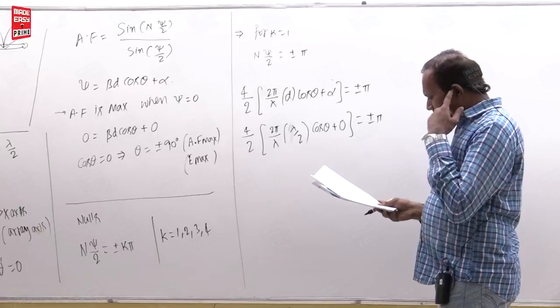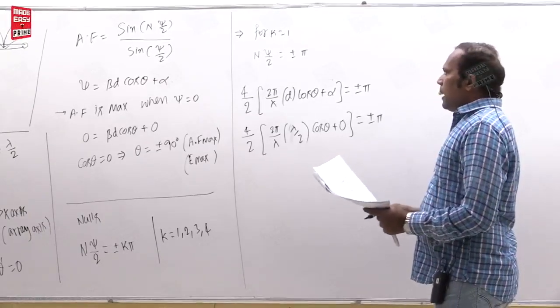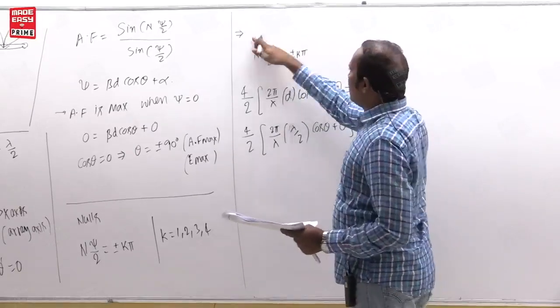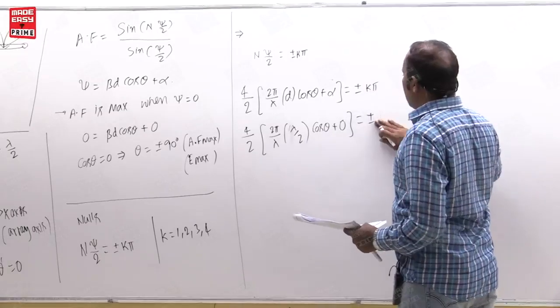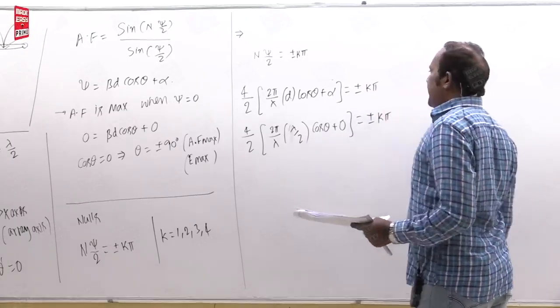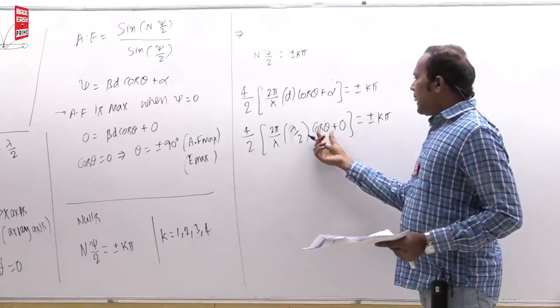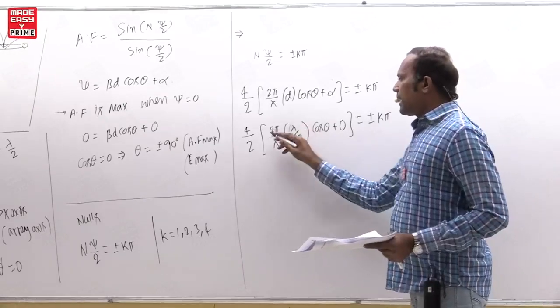I can do one thing, students. I will put this k here, so that we get all cases at a time. We take k pi. Then from this directly we get cos theta in terms of k, because lambda and lambda cancel.